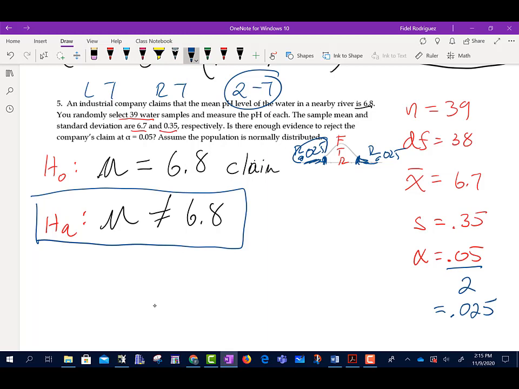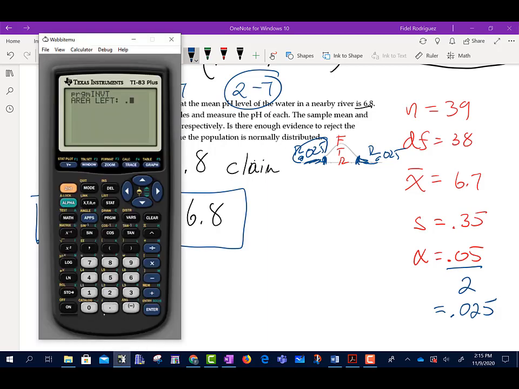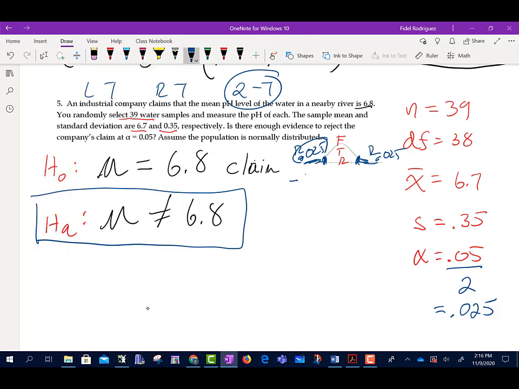The area to the left is 0.025, so 0.025, hit enter. The next thing it's going to ask is, what is our degrees of freedom? We wrote that down over here to the right, and it was 38. I'm going to hit enter, and it's going to give me my answer. So I'm coming up with a negative 2.024. So this right here is a negative 2.024, and this one here is a positive 2.024.